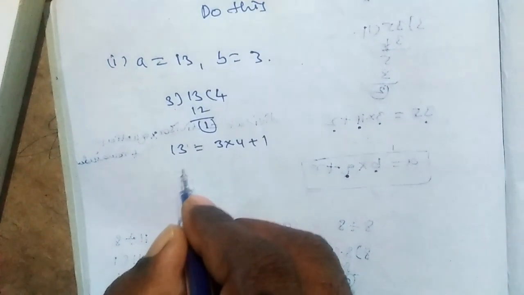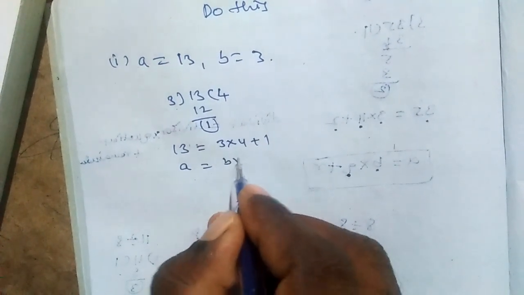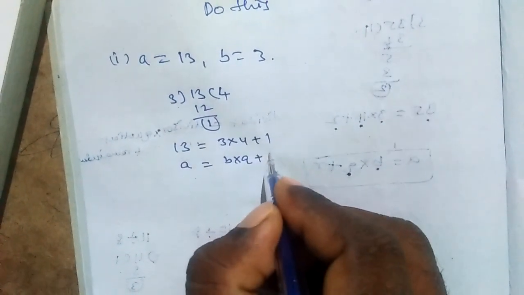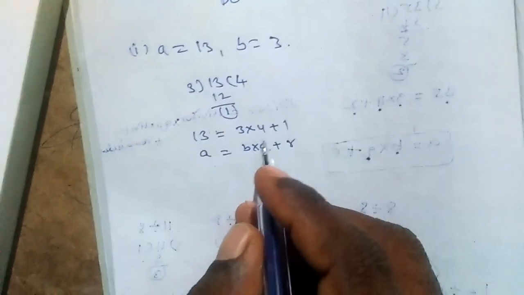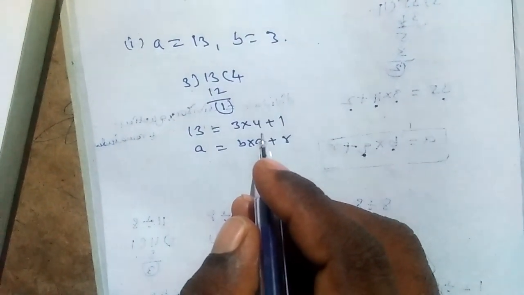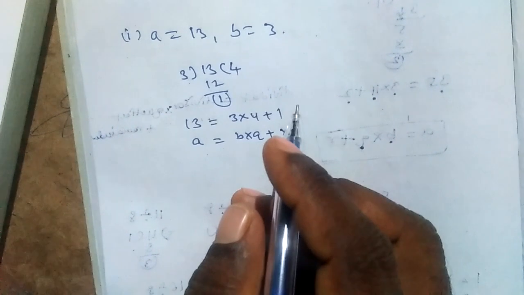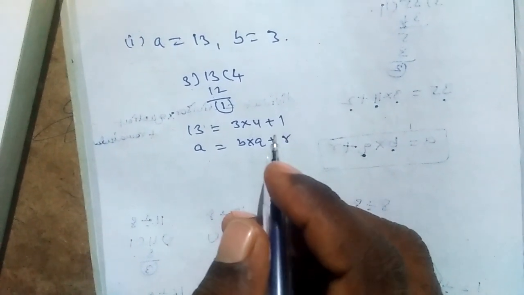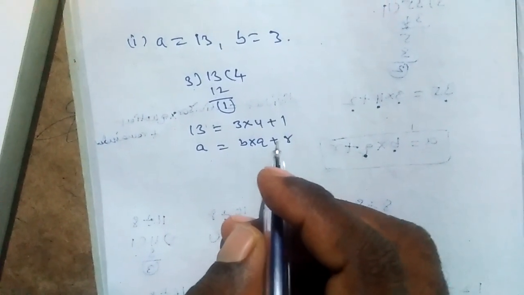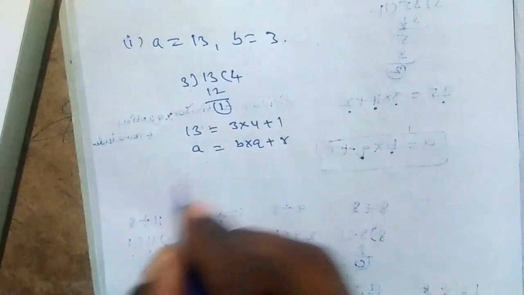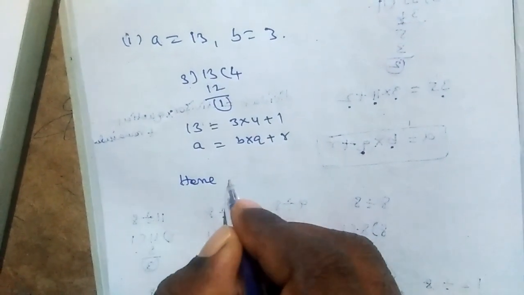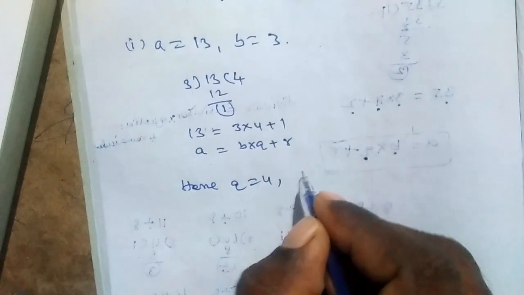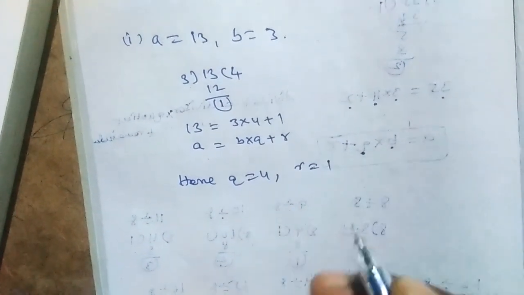So it is like a is equal to b into q plus r. So here q is equal to 4, r is equal to 1.